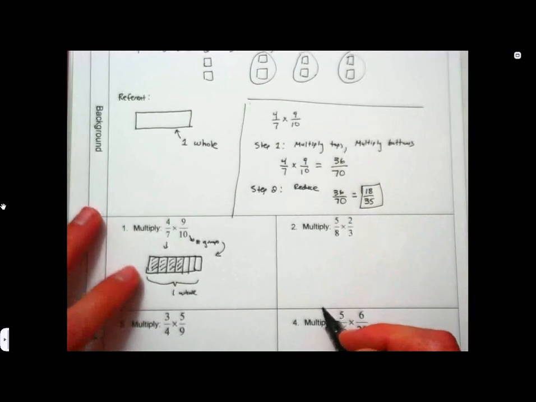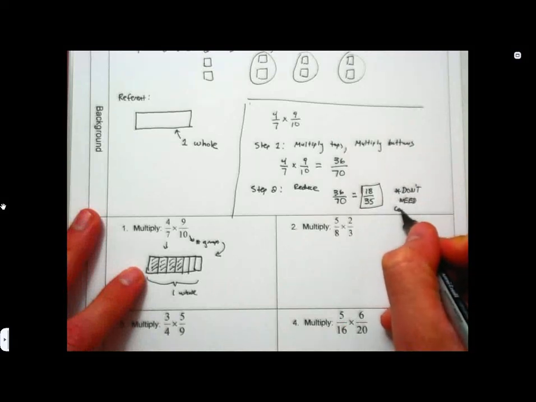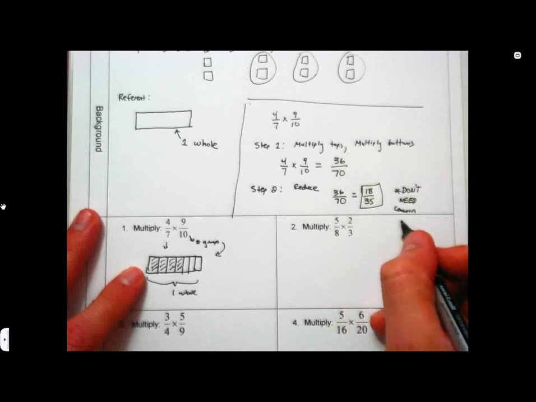So really, with multiplying fractions, a really important nugget is that you do not need common denominators, because we're not adding things together that are not of like size and shape.